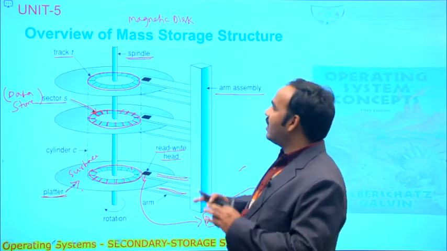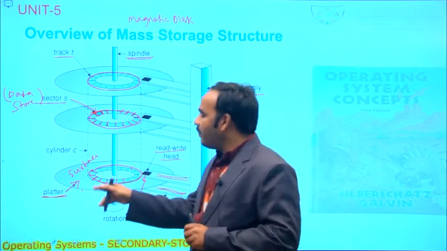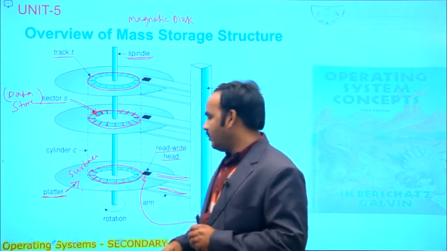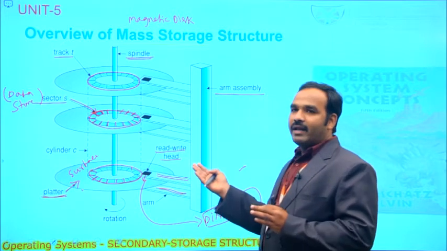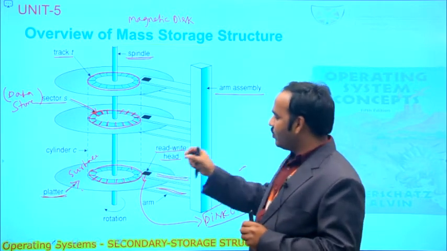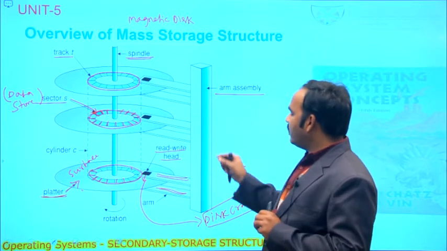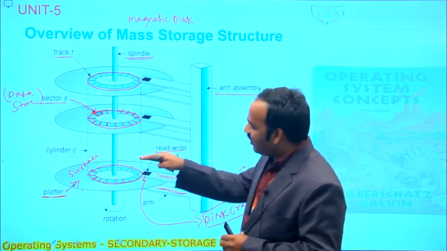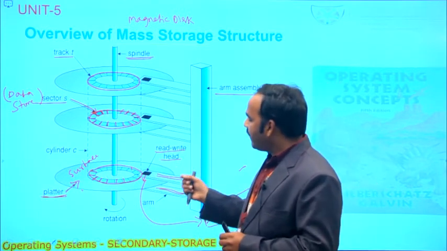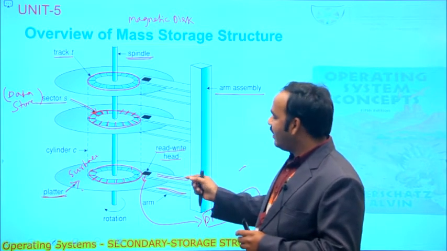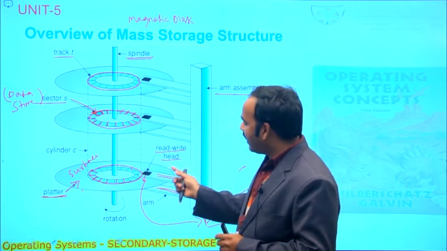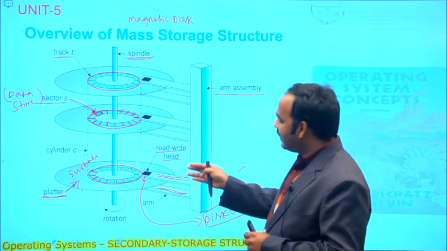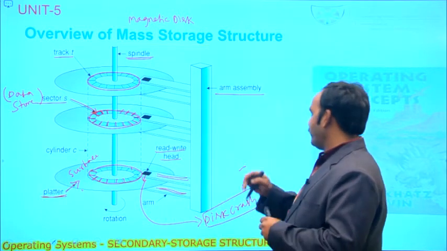In most modern mass storage structures, every platter comes with two surfaces, top and bottom. For every surface, a read and write header is required to write or read data. Every read and write header flies on a surface, with a thin air gap between the platter and header. The head should not touch the platter. If any header accidentally touches it, that leads to a disk crash.